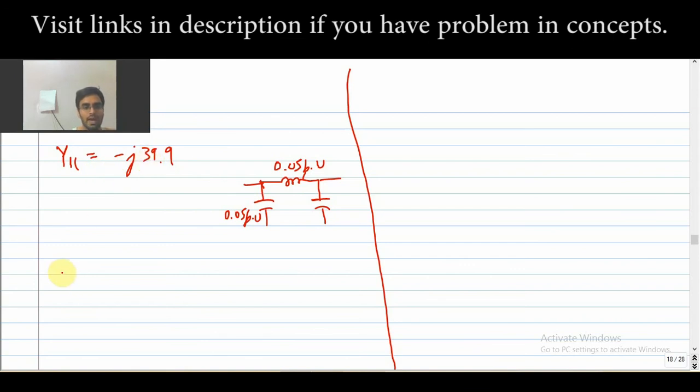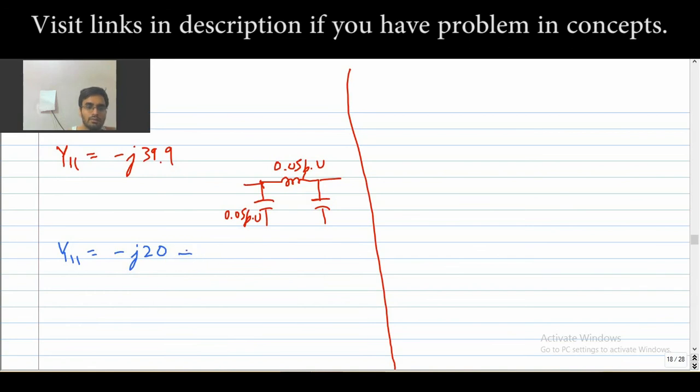So here, your Y11 will be formed of the admittance of this line, that is minus j20, and this capacitance will also be added, the inverse of the capacitance, that is susceptance. Always remember that susceptance is with a positive sign.